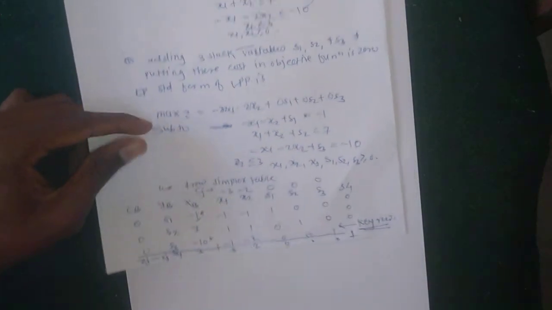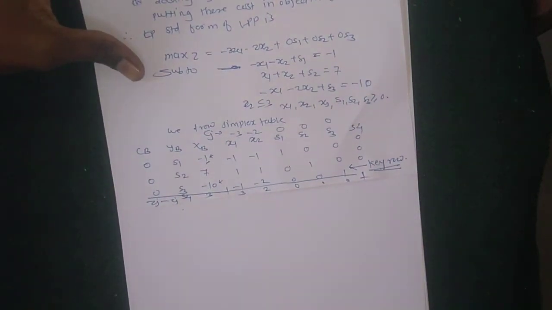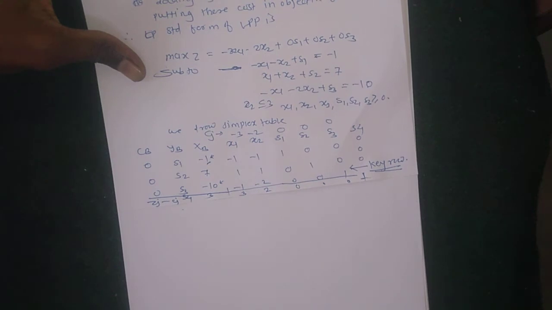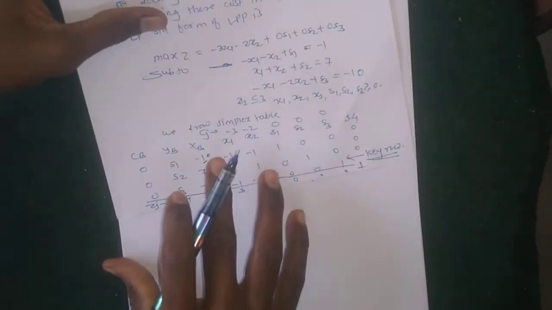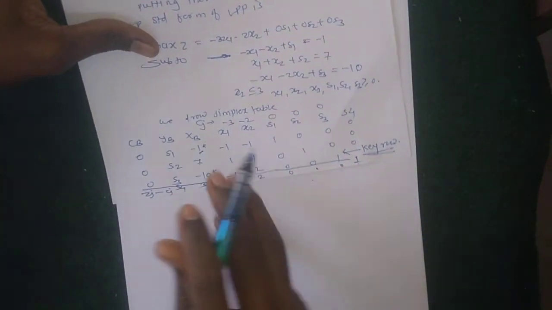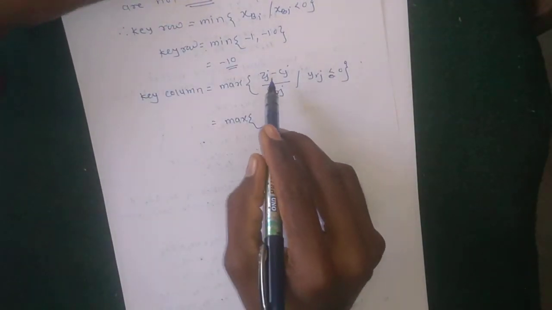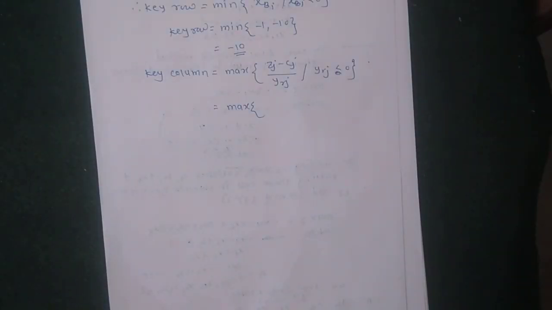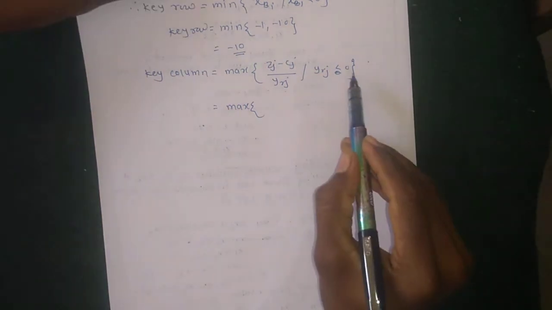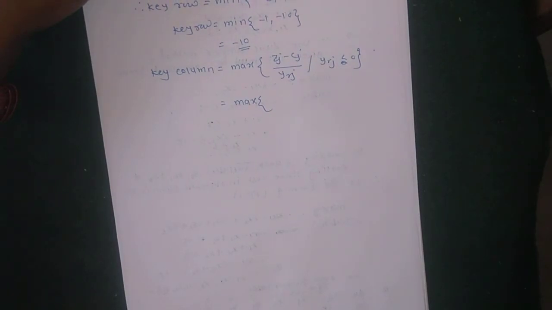Then the minimum of this Zj minus Cj; add one row here. Then we have to find the key column, where Yrj is negative: the maximum of Zj minus Cj divided by Yrj, where Yrj is less than 0.